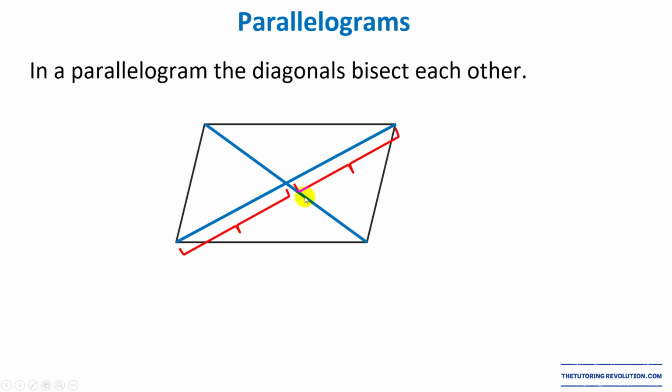Because this other diagonal is intersecting them or dividing them in half. So this diagonal bisects this diagonal, cutting it into equal pieces. Likewise, this diagonal is bisecting this one. So this length and this length are going to be the same.